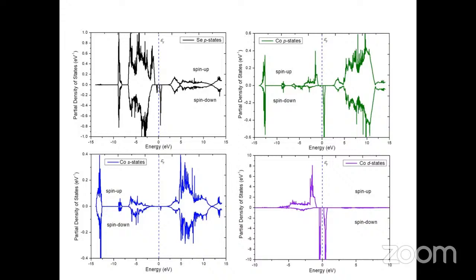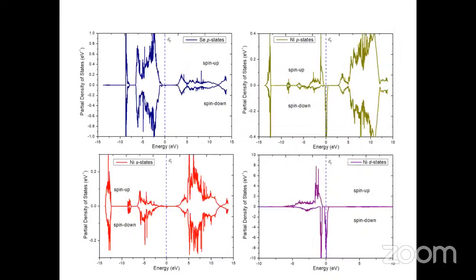To understand the origin of the spin polarization of the density of states, we analyzed the partial density of states for host and impurity atoms. These partial density of states for both systems presented a similar behavior. They illustrate the valence band formed mainly by selenium p and the d states of impurity atoms.